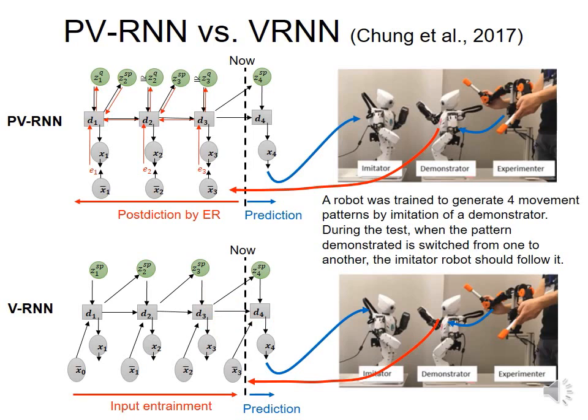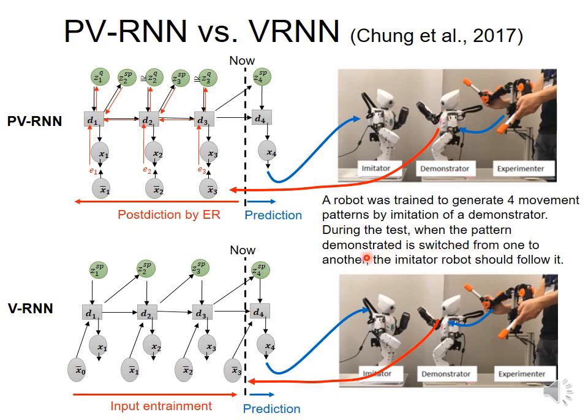In order to compare these two networks' performance, this robot was trained to generate movement patterns by imitating a demonstrator robot. After learning, during the test phase, the pattern demonstrated by this robot is switched from one to another.